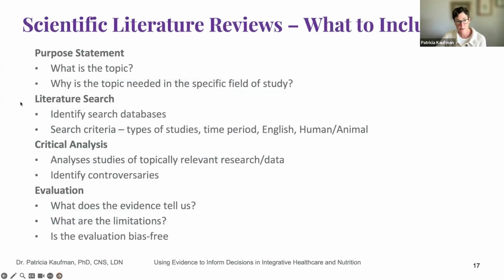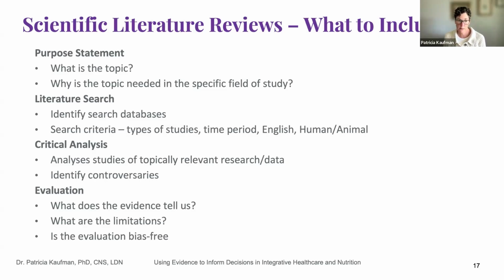What do you include in a scientific literature review? You're going to include your purpose statement. What is the topic? Your literature search. Now, again, it's showing the databases and it has search criteria, but the literature search in a literature review is not telling you the search queries.